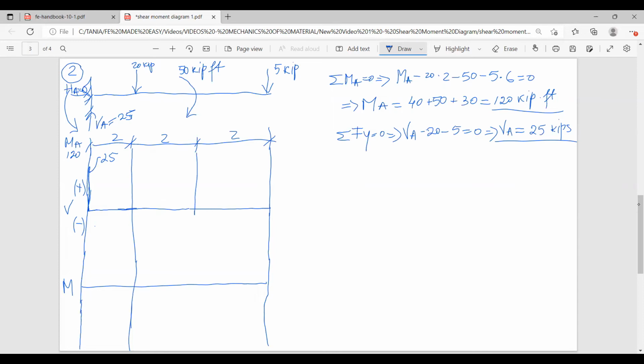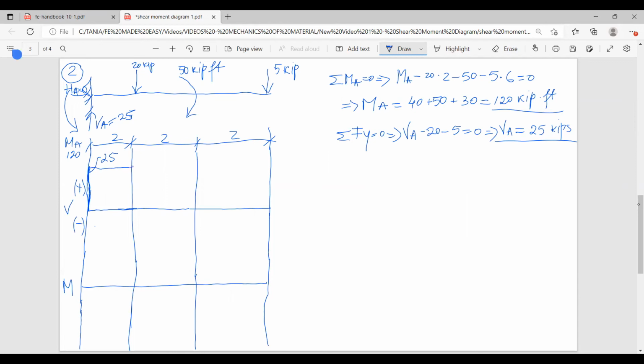Draw the lines down because each sector has a different value. So I'm going 25 up, and looking at the beam, my diagram is going to look constant because we don't have anything happening on the beam.